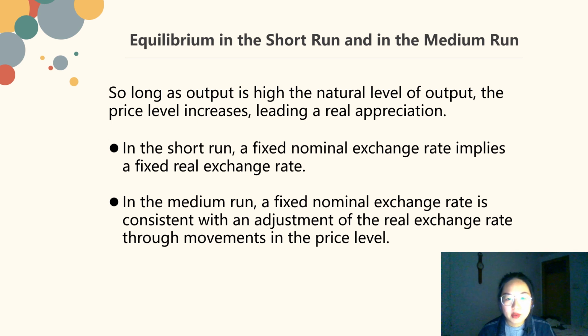In the short run, a fixed nominal exchange rate affects the real exchange rate. In the medium run, a fixed nominal exchange rate is consistent with an adjustment of the real exchange rate through the movement in the price level.